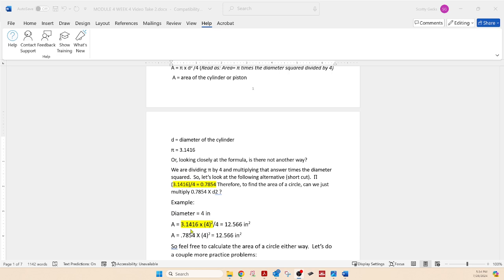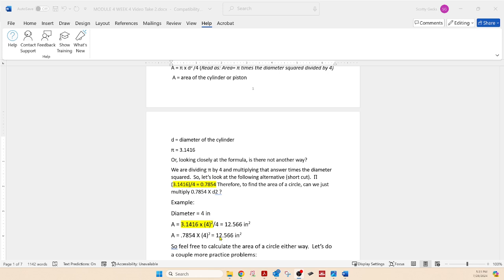So one way, and the way I've been doing it, is taking pi 3.1416 and multiplying times the diameter of 4 squared, which would be 16. Divide that by 4, and you'll get 12.566 square inches. Or you can take 0.7854 and multiply that times 16 and see if you don't get 12.566 square inches.